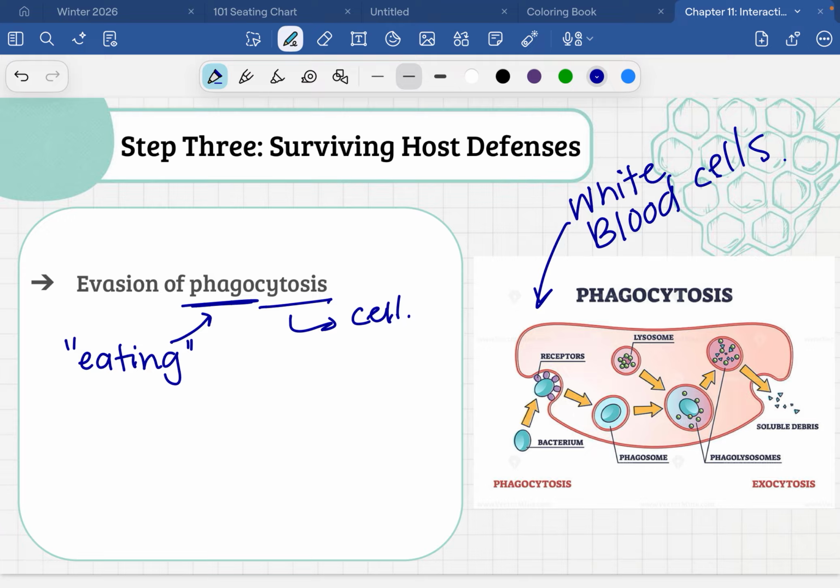Okay, and you have these white blood cells, I think of them like patrolmen. They patrol your entire body at all times looking for things that do not belong. And if they come in contact with something that doesn't belong, that white blood cell will swallow it and kill it. Okay, so bacteria or viruses or any other microorganisms that want to invade your body have to have a way of getting past your phagocytes or evading phagocytosis.